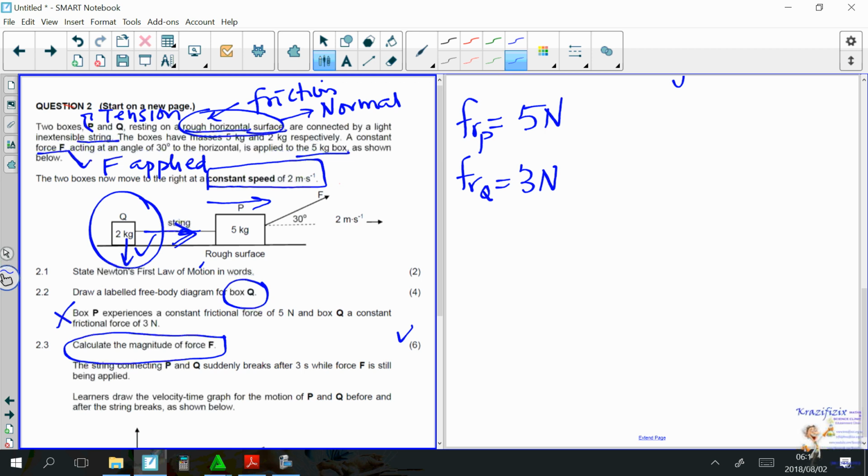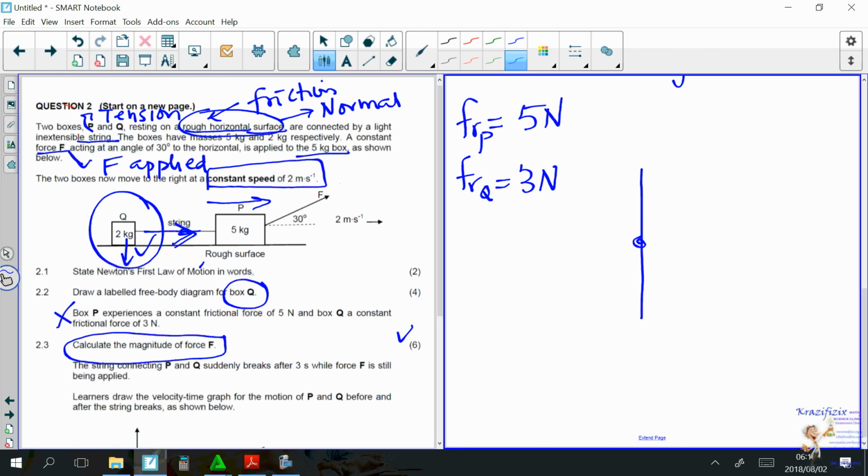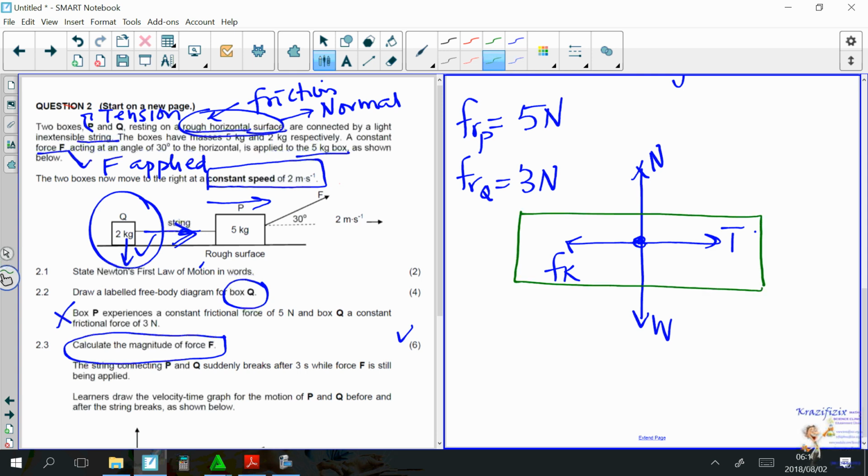Now, because we're dealing with Newton's laws and motion here, when a net force acts on an object, the object will accelerate in the direction of the net force. All right, now let's deal with Q quickly. Remember, we have our free body diagram on Q. Let me just draw it quickly. Now it's a simple sketch because already we have the correct diagram up there. We have friction, we have what? Normal, we have the weight, and we have what? Tension. Now, how is the object moving? The object is moving to the right, so I'm going to use my horizontal forces.